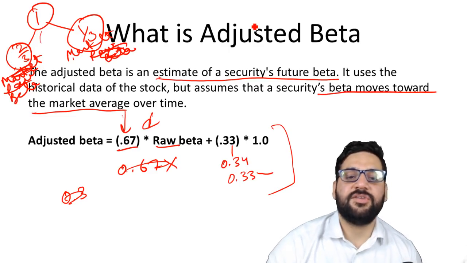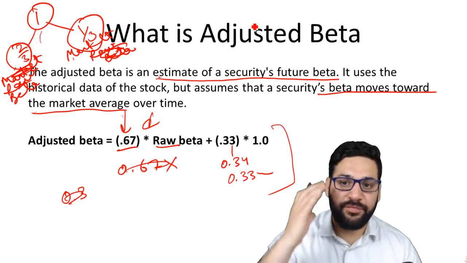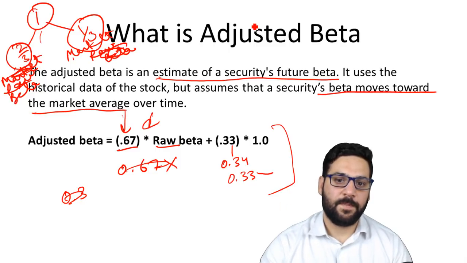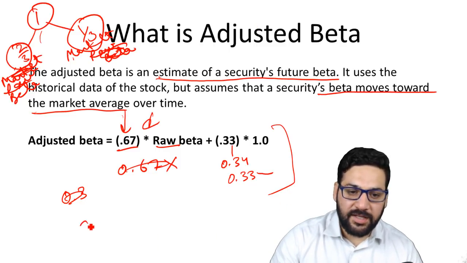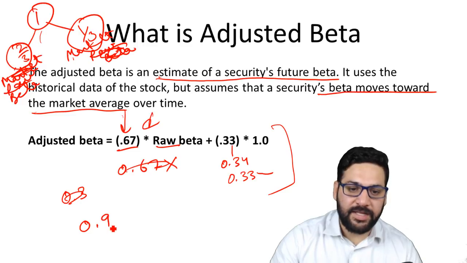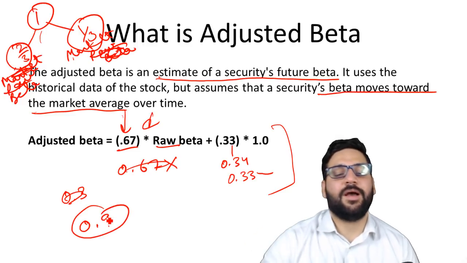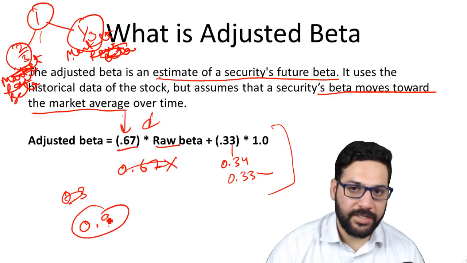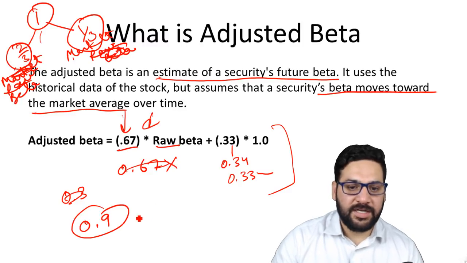Sonali, see, adjusted beta is the estimate of the future beta value. Today's beta is, let's say, 0.9. What will it be in the future? Are you getting it? Today's beta is 0.9.